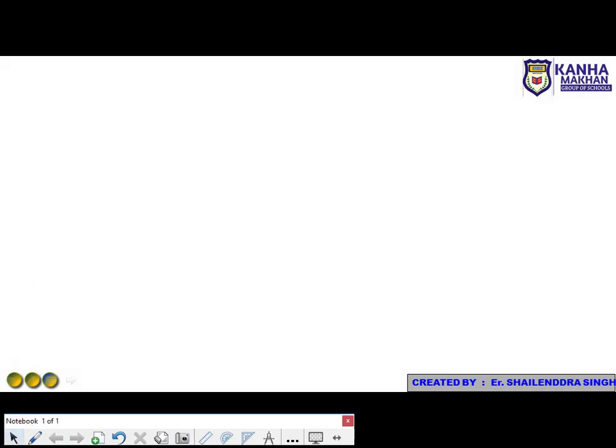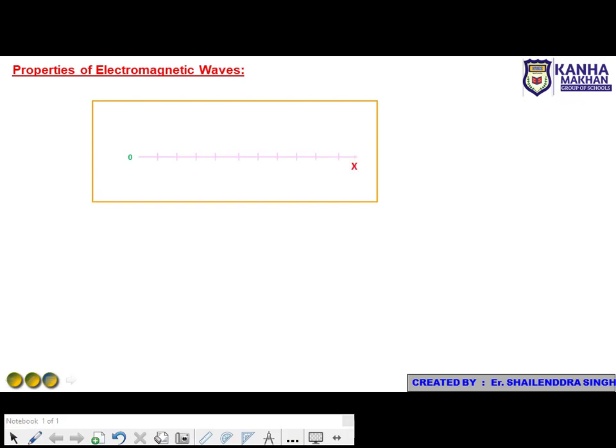Now we will discuss the properties of the electromagnetic wave. Suppose this is the x axis, this is the y axis and this is the z axis. Along the x axis the electromagnetic wave is propagating, where blue represents the electric field vectors oscillating along the y axis, and the magnetic field vector oscillates along the z axis.